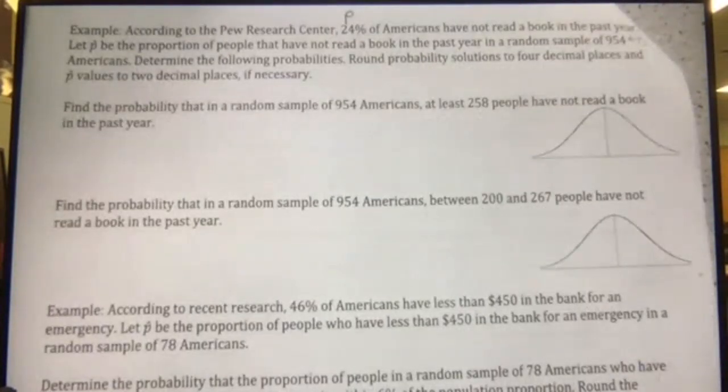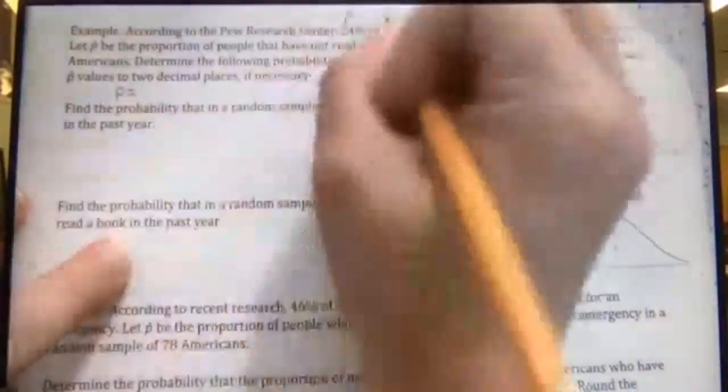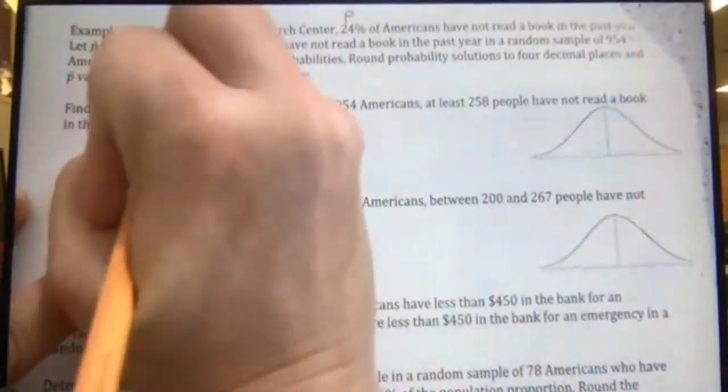All right, so find the probability that in a random sample of 954 Americans, at least 258 have not read a book in the past year. The reason this one's weird is because it didn't give you a percent, it gave you a number. So first, let's start off with what they gave us. Our p-value, they told us, is 24%.